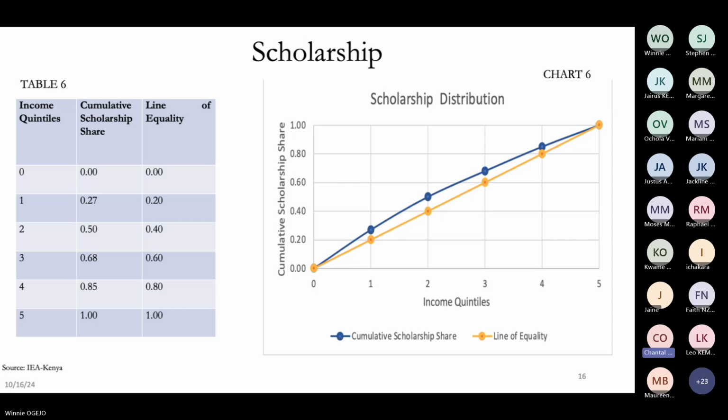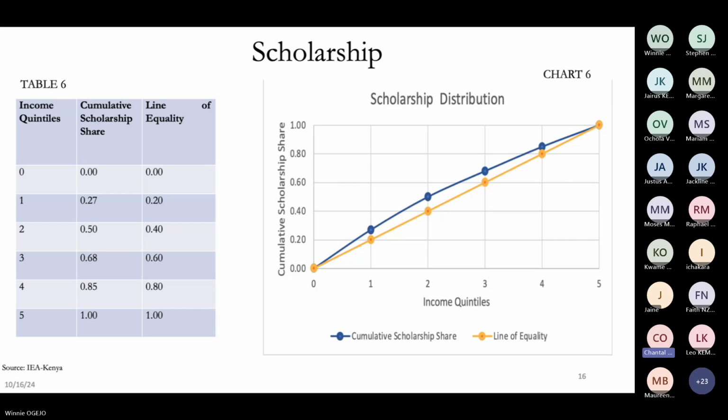If I could bring your attention to table 6, we see 3 separate columns: the income quintiles, cumulative scholarship share, and the line of equality. The line of equality shows us this theoretical ideal situation in which each quintile receives 20% of the scholarship funding. The cumulative scholarship share shows the scholarship benefits appropriated by each income quintile.